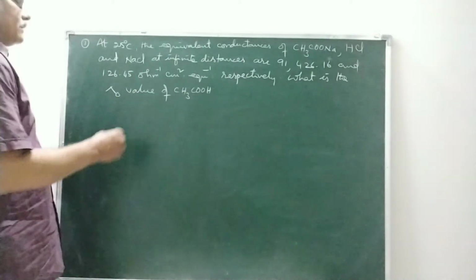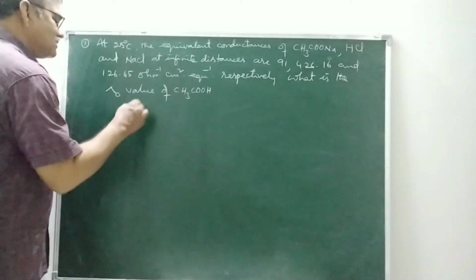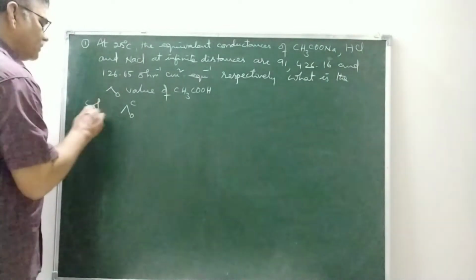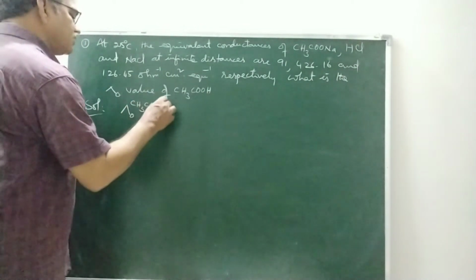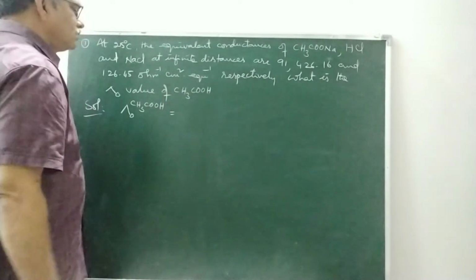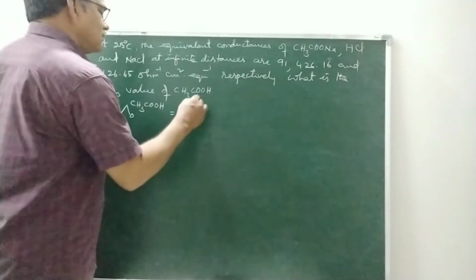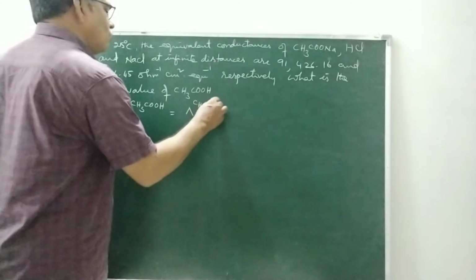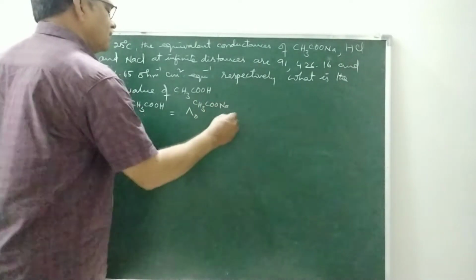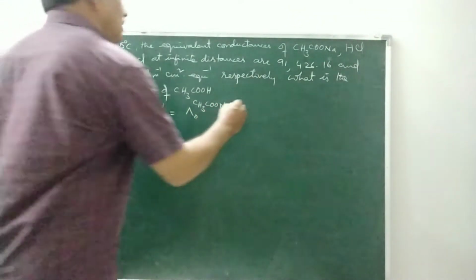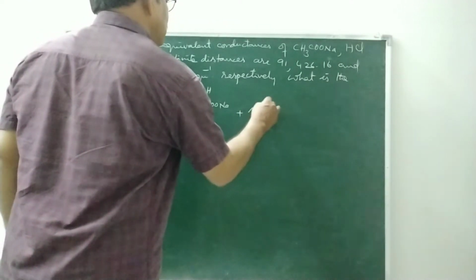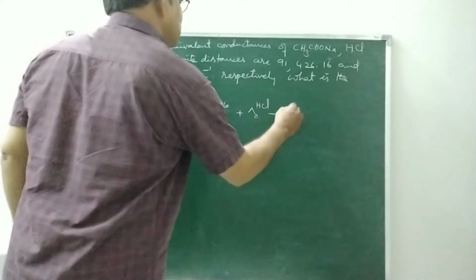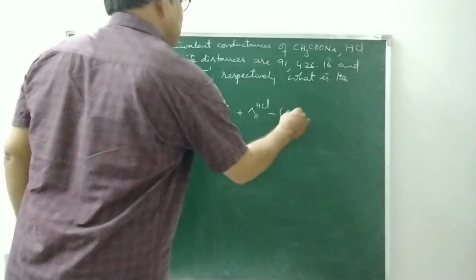Lambda naught CH3COOH is equal to lambda naught CH3COONa plus lambda naught HCl minus lambda naught NaCl.